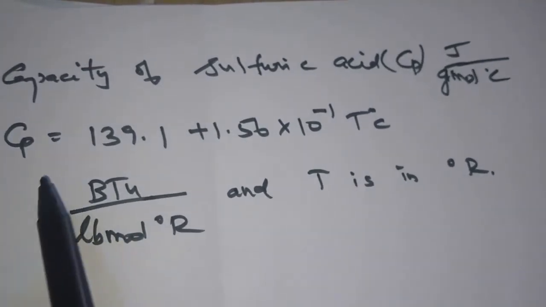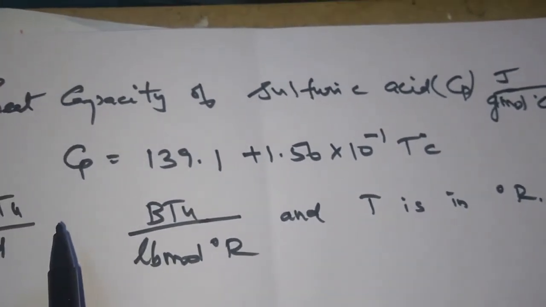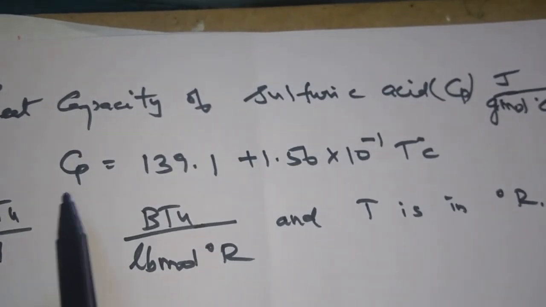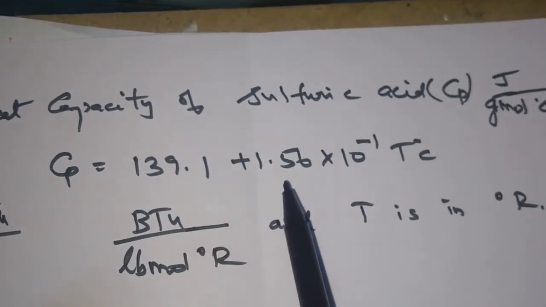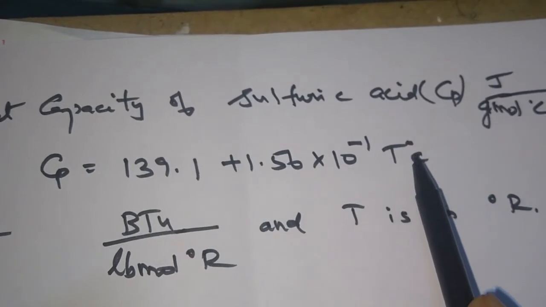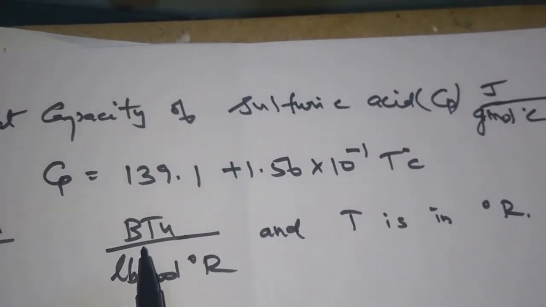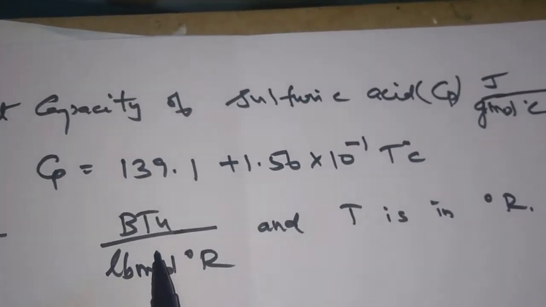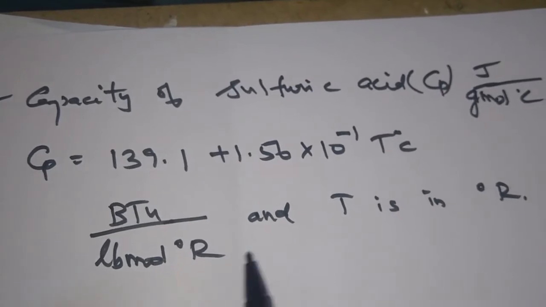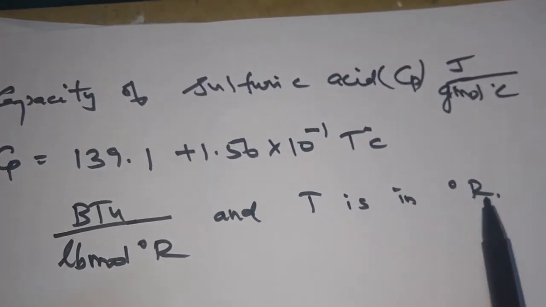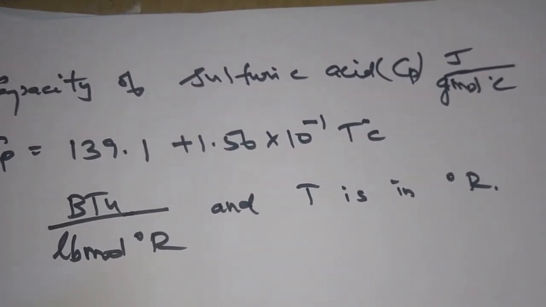So we have to convert this expression, where Cp is to be in British thermal units per pound mole degree Rankine and T should be in degree Rankine.